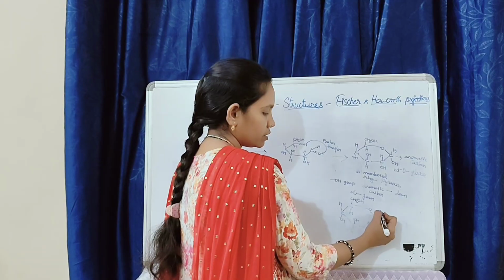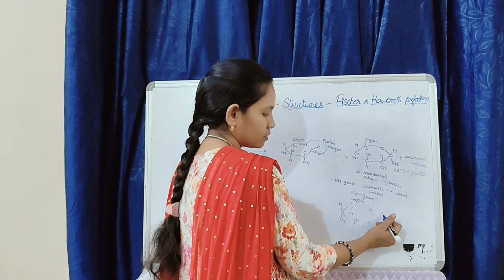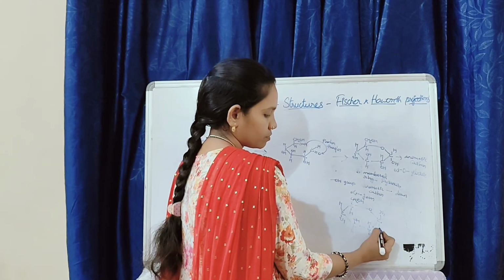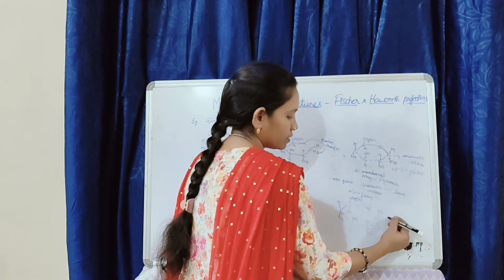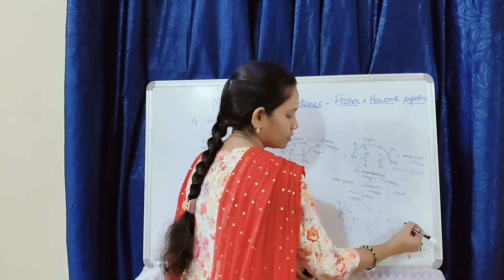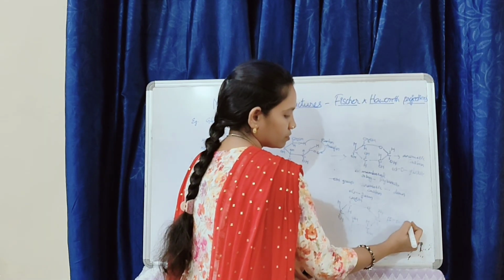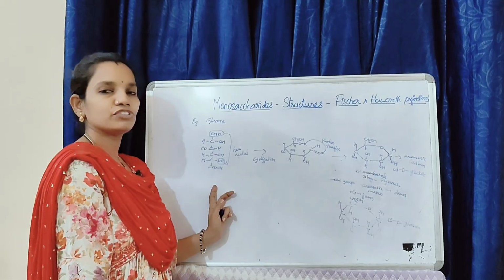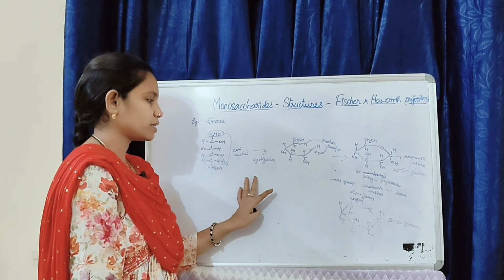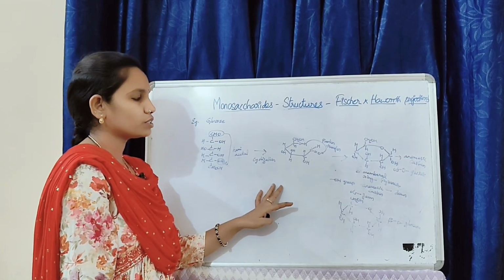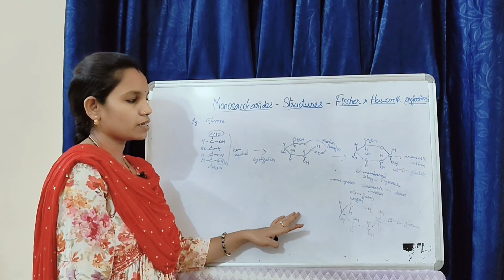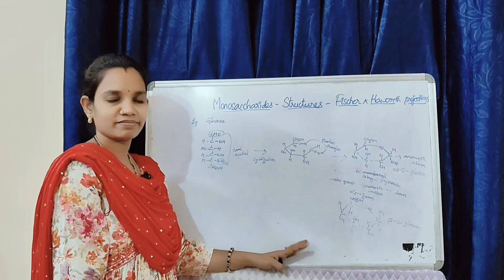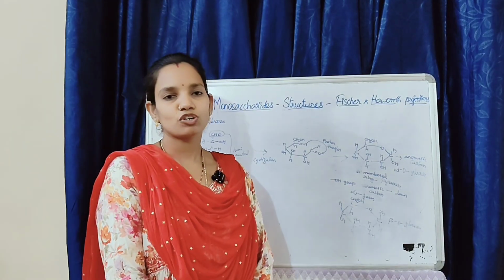If the OH is up, then it is beta-D-glucose. Is it clear? Writing the Fischer projection, formation of hemiacetal, how the ring closure takes place, and how the anomeric carbon's alpha and beta forms are formed.